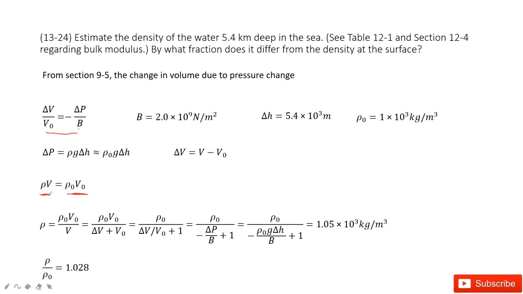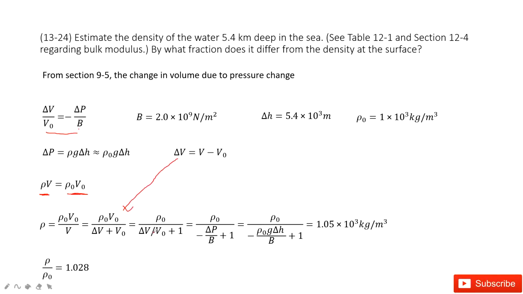The mass is constant for a bunch of water from the surface to the bottom. Now we can write the density at the bottom, deep in the sea, rho, equal to the total mass over the volume V, right? And this V changes, so the final V equals the change of V plus the initial V, no problem. So we input this inside.